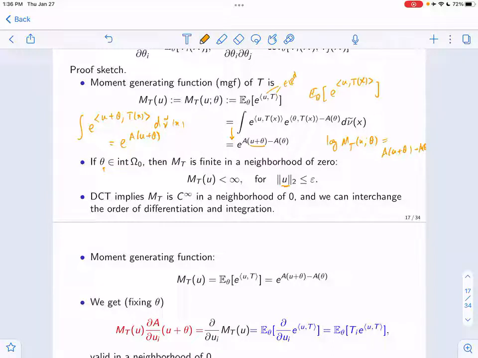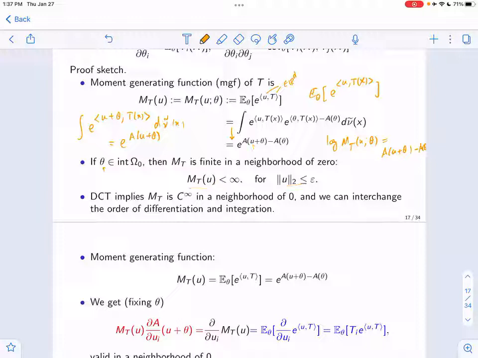I can pick the length of u small enough, that's the ball, the radius of the ball inside the interior, so that u plus theta is in the interior. So this means that this function, as a function of u, is finite in a neighborhood of 0.